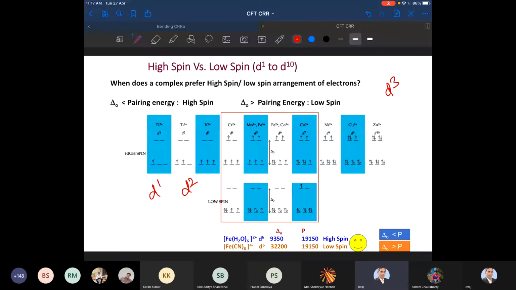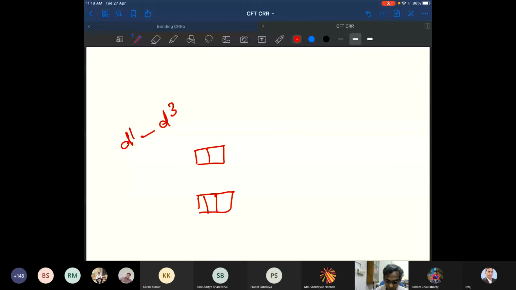When the d4 is coming, the 4th electron is coming, there is no issue for d1 to d3. Let me show you the electron filling. This is your t2g, this is your eg, right? Up to d3, there won't be any problem.